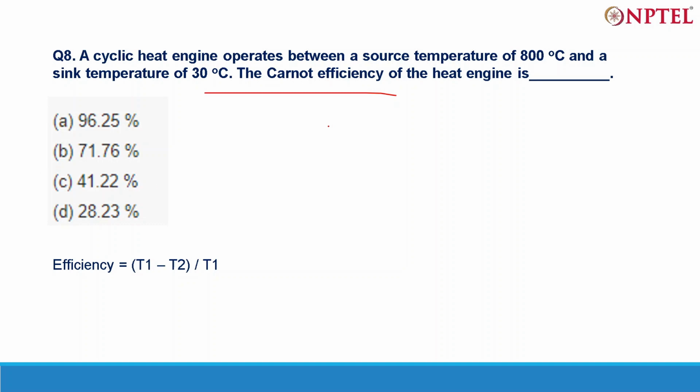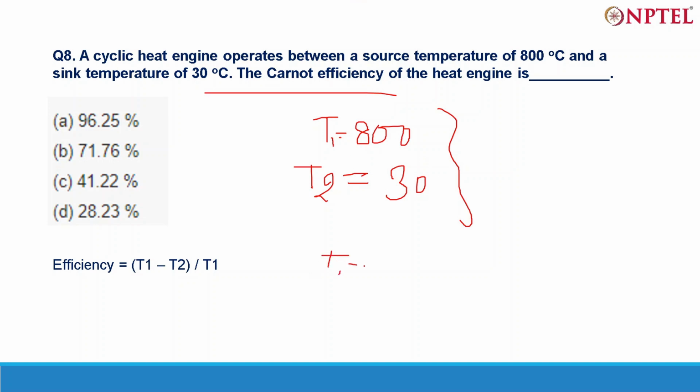Like if T is 800. So one thing people make a mistake here. Can anyone point out what mistake they make while calculating this efficiency? So let me tell you what they do. They will treat the temperatures as they are.